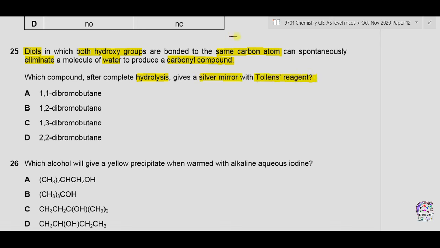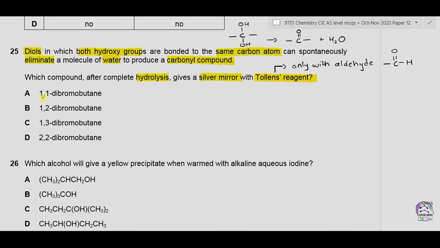This statement shows that if a carbon atom is bonded to two OH functional groups, this carbon can eliminate a water molecule and form a carbonyl compound, which could be aldehyde or ketone. Tollens reagent gives positive result or silver mirror only with aldehydes. The functional group of aldehyde is RC double bond O H.